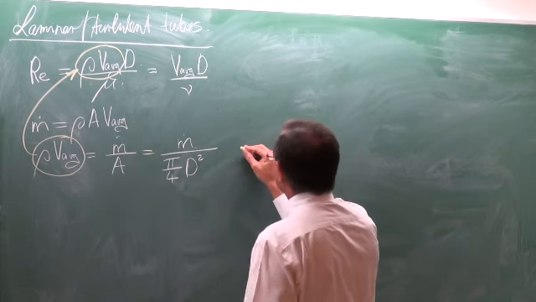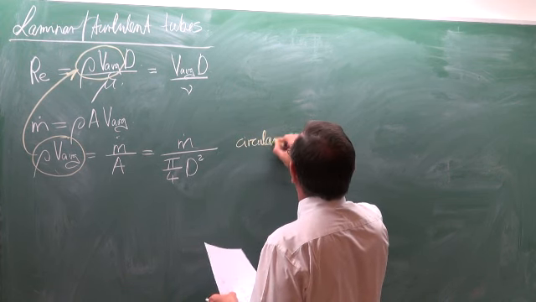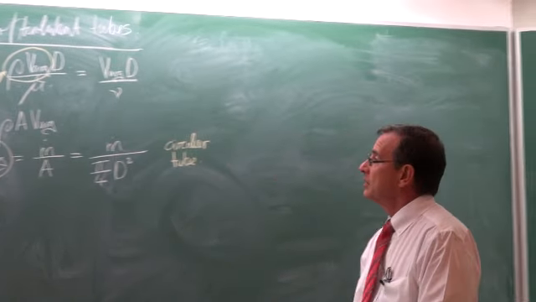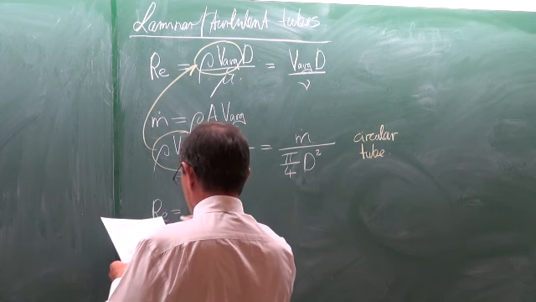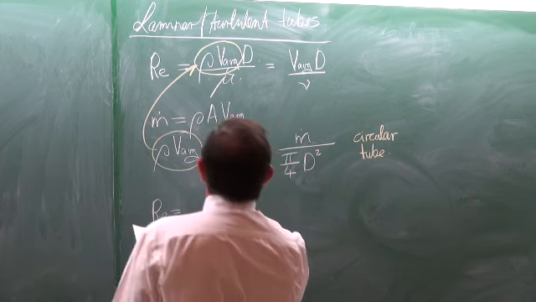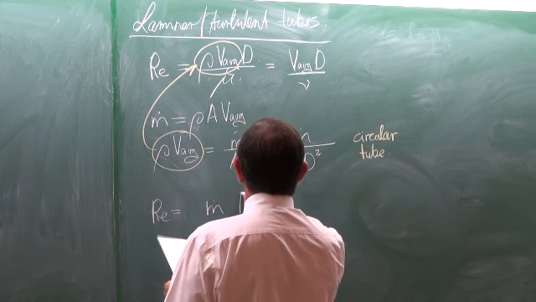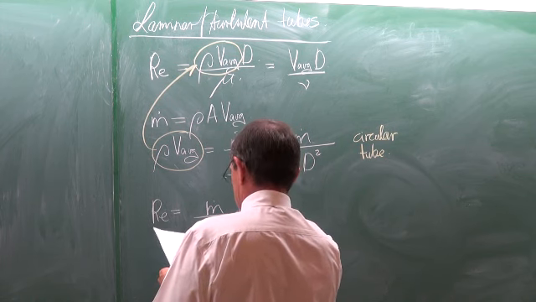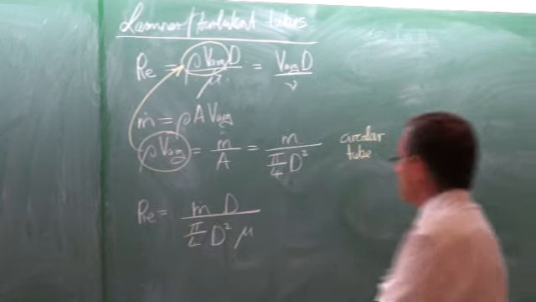That would now be specifically for a circular tube. So we can then say that the Reynolds number is equal to, if we do that substitution, the mass flow rate multiplied by the diameter divided by pi divided by 4 d squared multiplied by the viscosity.